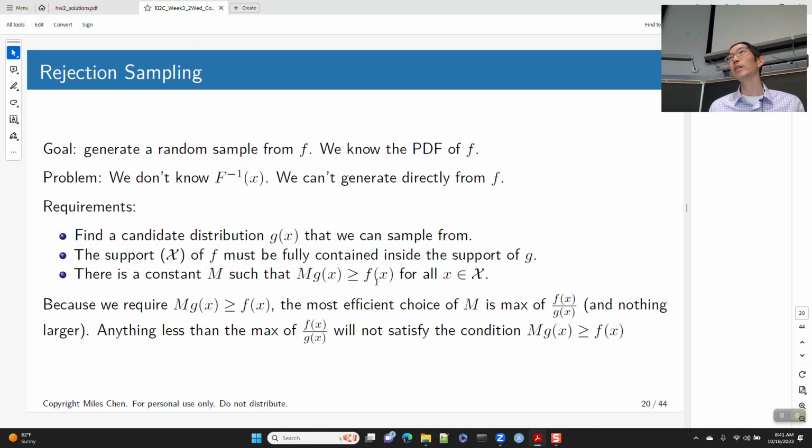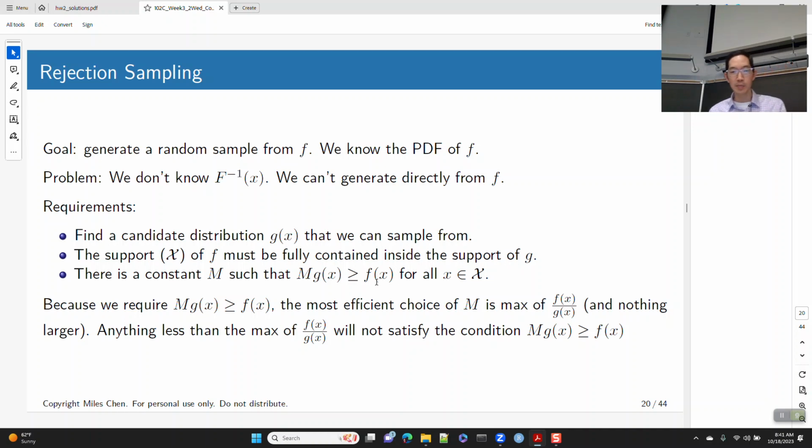So, asymptotically, you cannot have one distribution decaying infinitely faster than the other one. Otherwise, your m might have to be infinity, and that's not going to work. So we're saying there's some finite constant, so that when you take the PDF of g and multiply it by m, it's going to be greater than the PDF of f for all of these values.